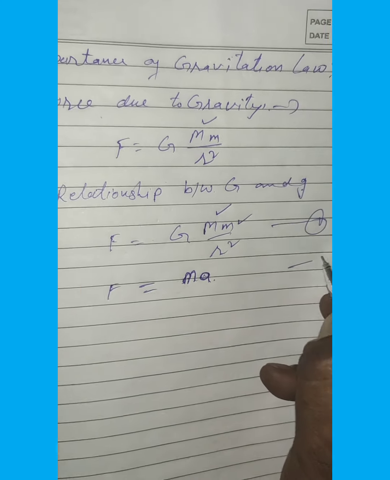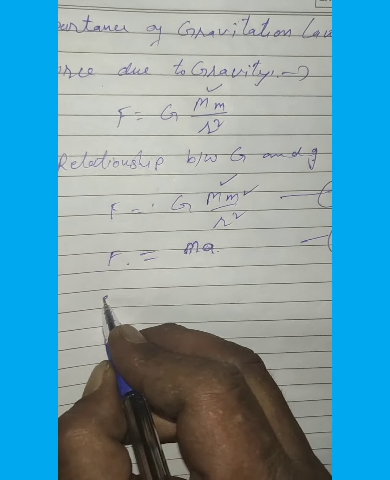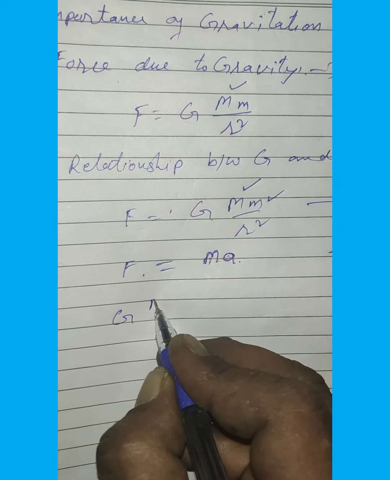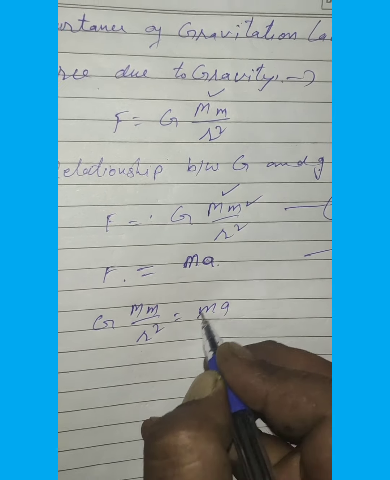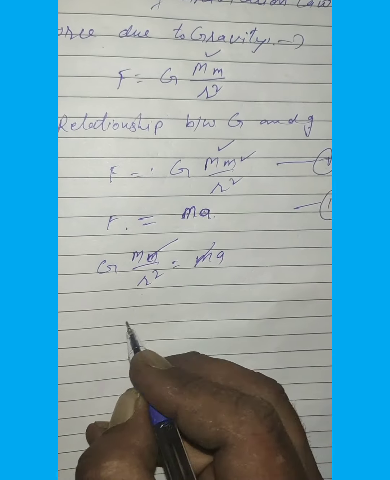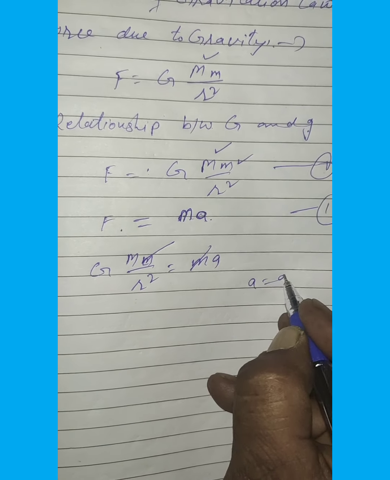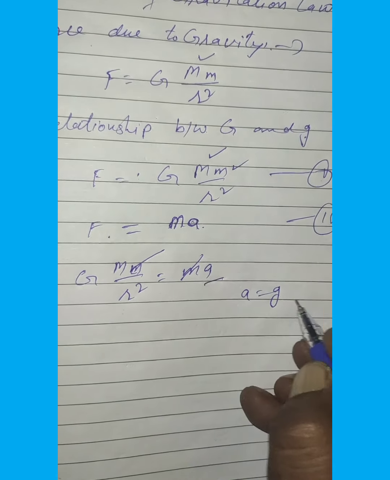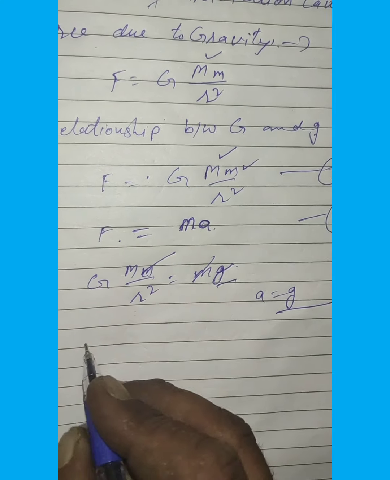This is equation 1, this is equation 2. Both are the value of the force. So from equations 1 and 2, G M m over r square is equal to m a. The m will cancel. In place of a, we take g, because a is the acceleration and g is the acceleration due to gravity.